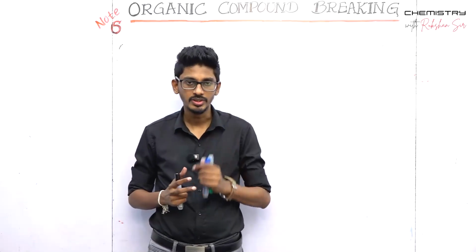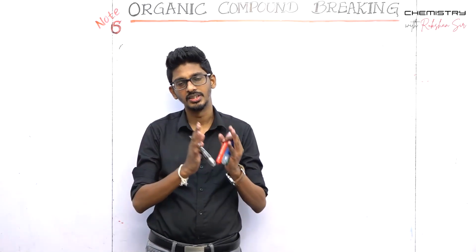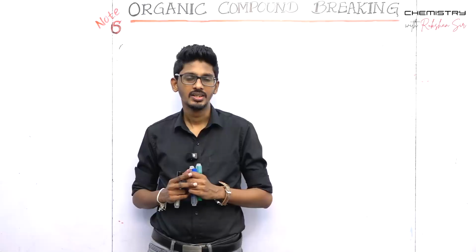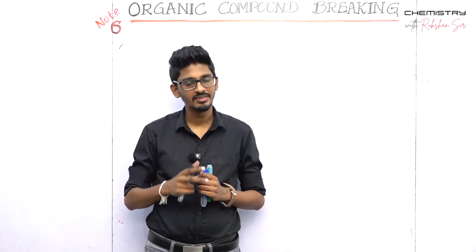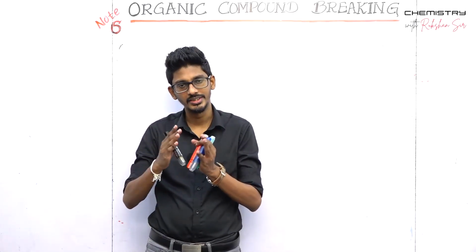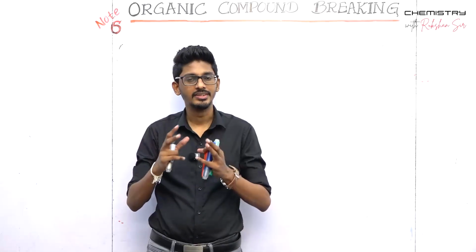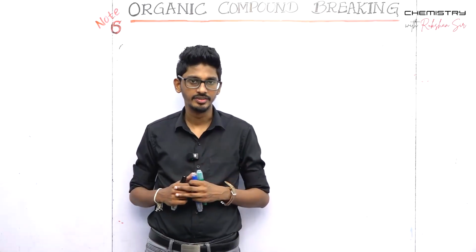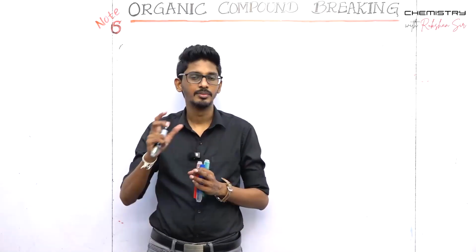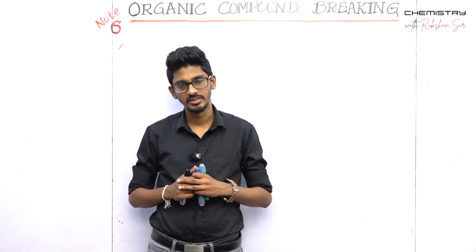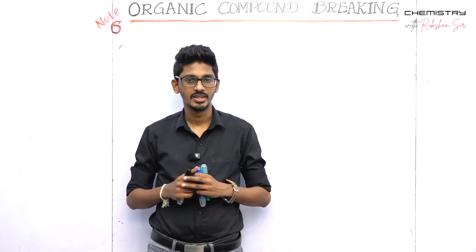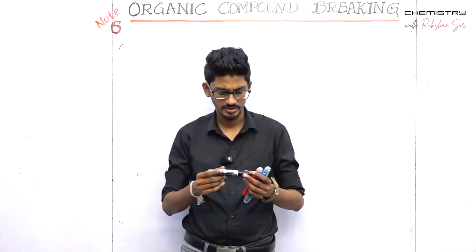We had discussed two things, the ester breaking and the amide breaking. Now we are going to discuss another one, which is also a kind of ester breaking, but this time it is not about hydrolysis. It is another method, using lithium aluminum hydride to break the esters. Let's discuss that thing.